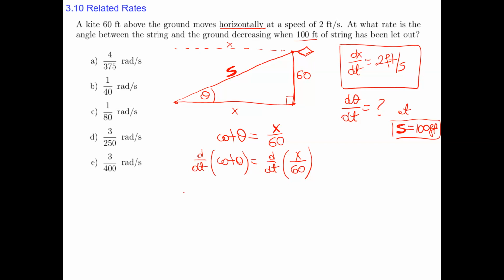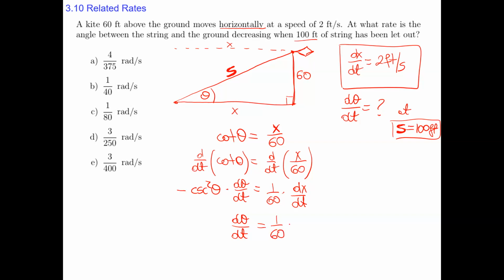Okay, derivative of cotangent is negative cosecant square theta times d theta dt. Chain rule, implicit differentiation, or whichever we will call it. Now, derivative of x over 60 is 1 over 60 times derivative of x, dx dt. Okay, and we're looking for d theta dt.